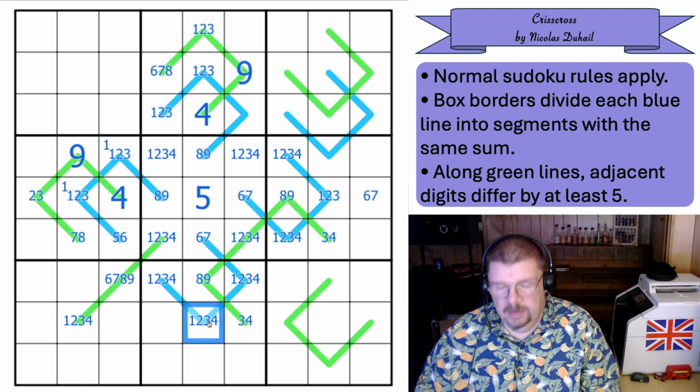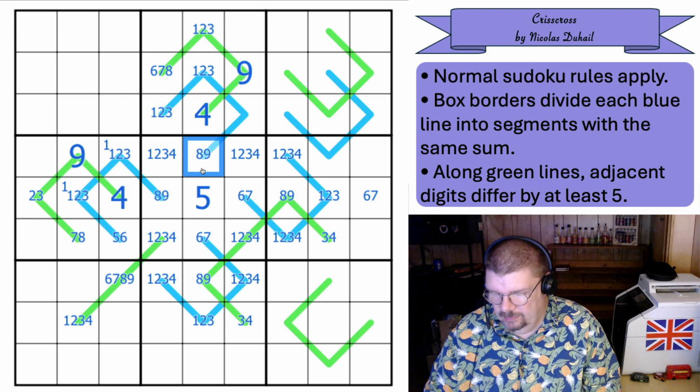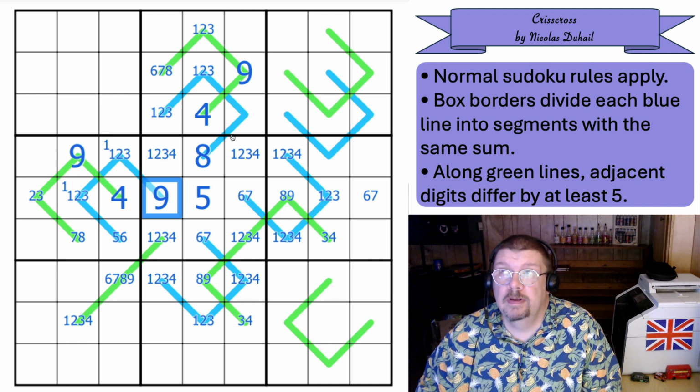That 4 means that that is not 4. This 9 makes this 8, which makes this 9. Eight without a 4 is 1, 2, 5.